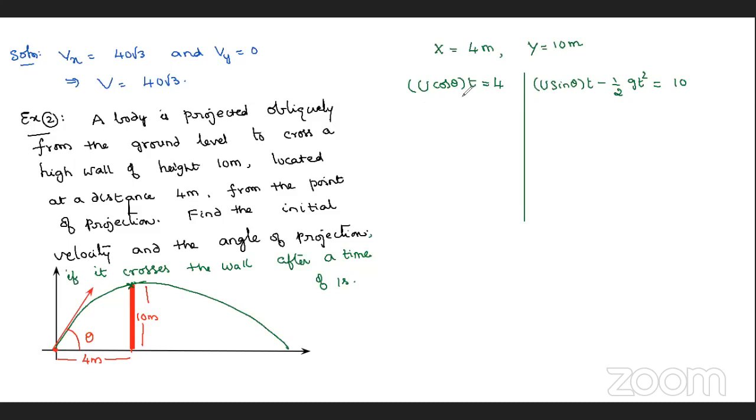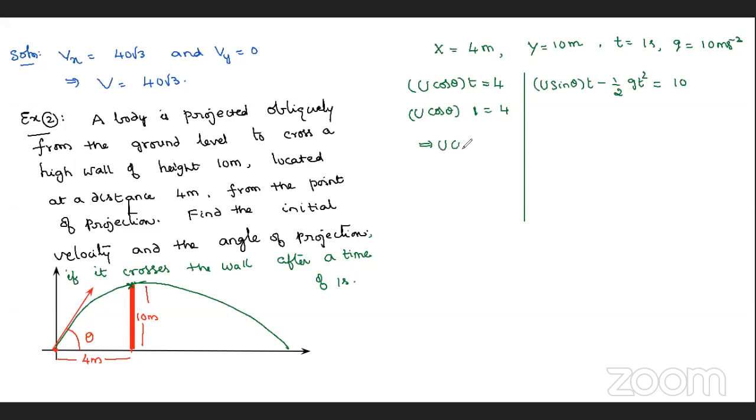So if I substitute t equals 1 second and, as usual, g equals 10. Then u cos theta into t, with t equal to 1, equals 4.